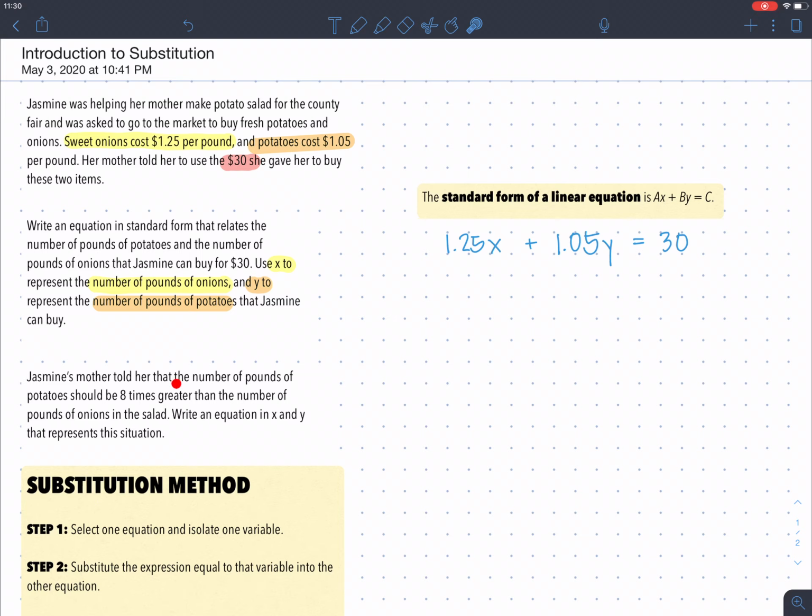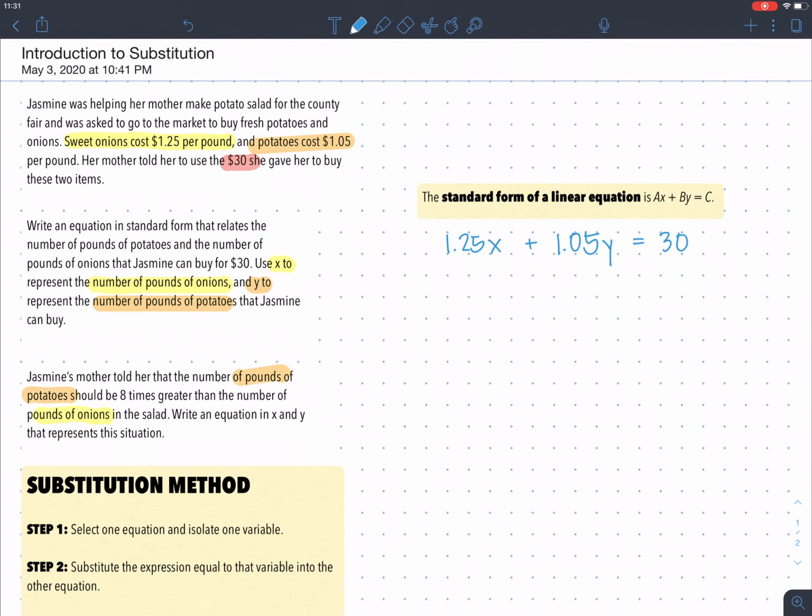Jasmine's mother told her that the number of pounds of potatoes should be 8 times greater than the number of pounds of onions in the salad. Write an equation in X and Y that represents the situation. So we have our onions, and then we have our potatoes.